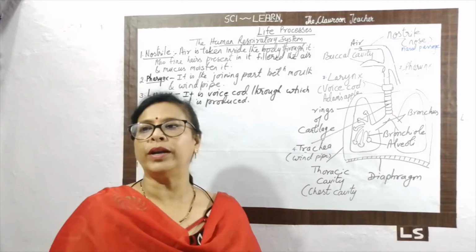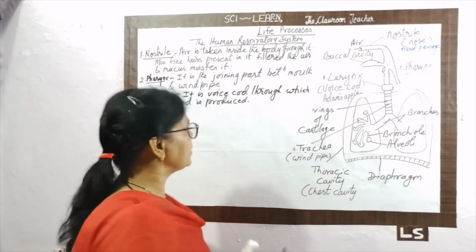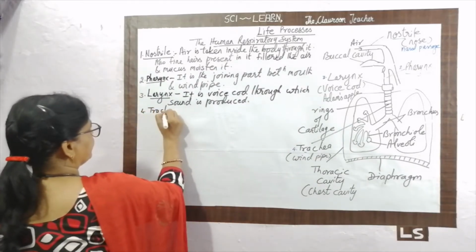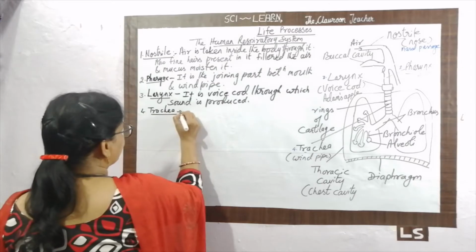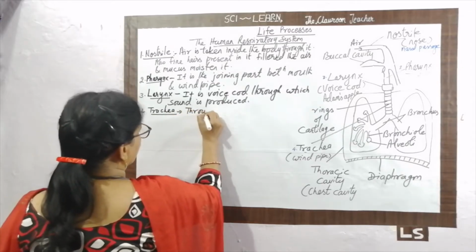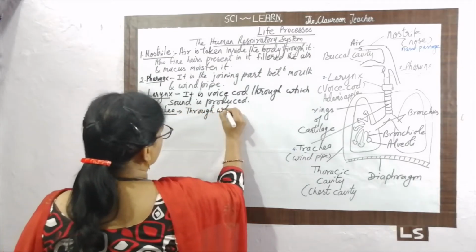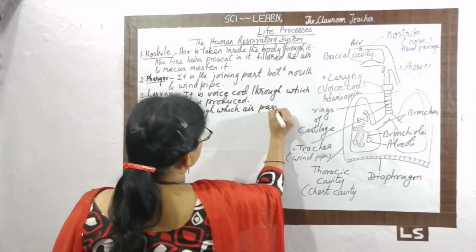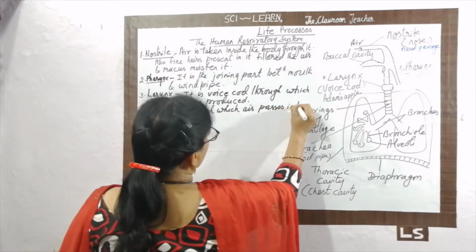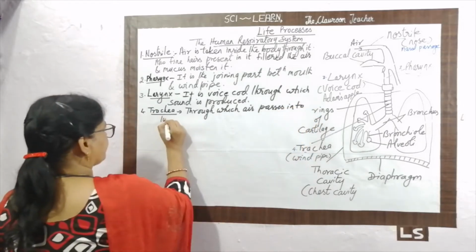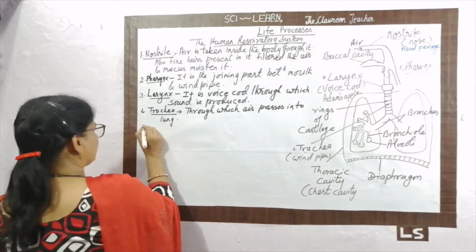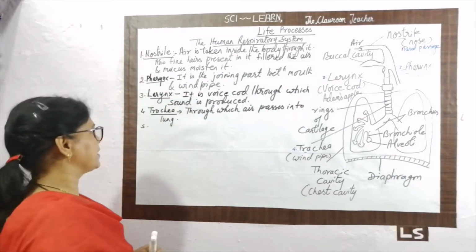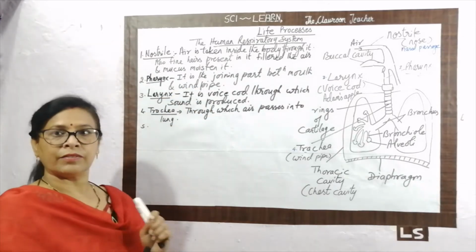The trachea is actually the windpipe through which air passes into the lungs. You must write it is also called the windpipe, and it is also called the sound box or the vocal cord, etc. The trachea, that is the windpipe.